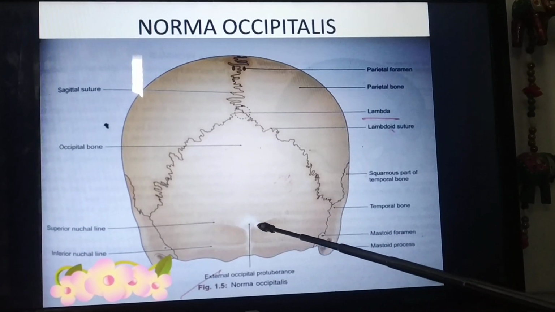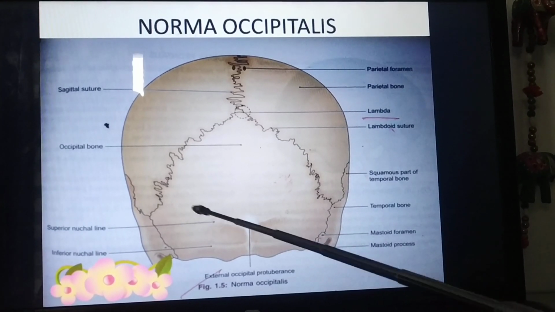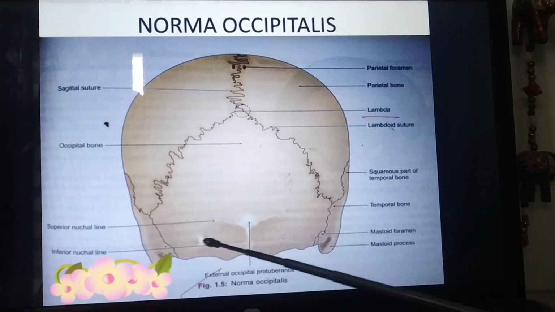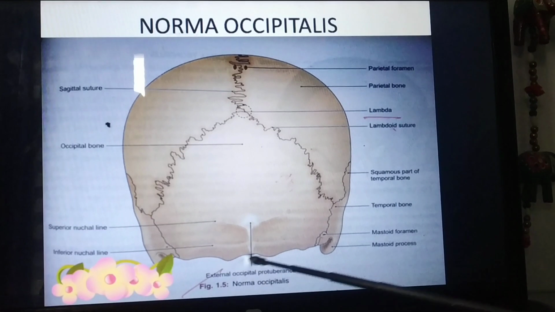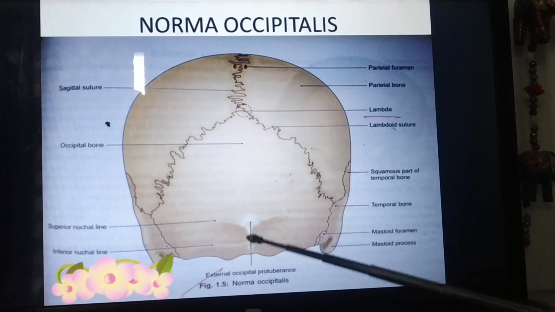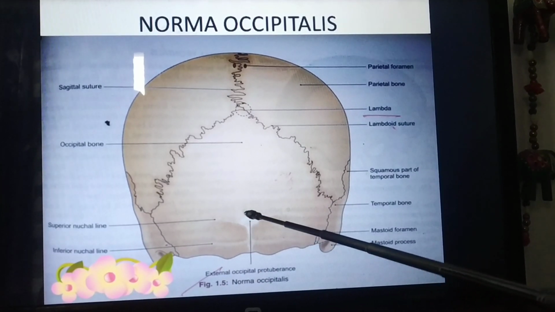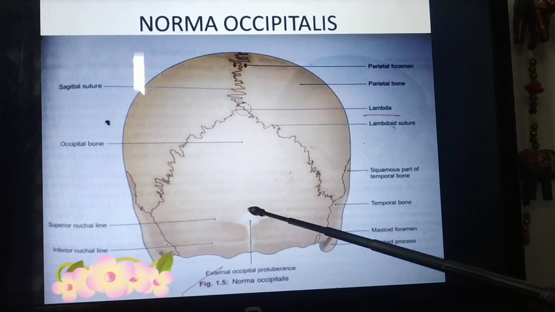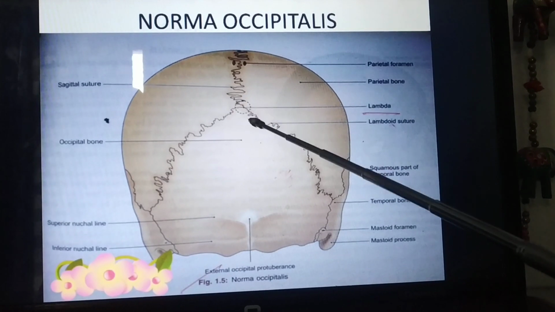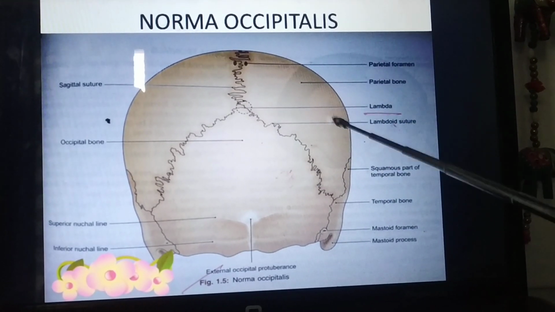These are not very prominent when we see, but you can feel them. There is a superior nuchal line and an inferior nuchal line. This big single bone is the occipital bone. And one thing is, there is the external occipital protuberance. You can see over here, this is a prominent part of the occipital bone. And this is the suture. This is the connecting point of three sutures, the sagittal as well as two lambdoid sutures, called the lambda. Okay.